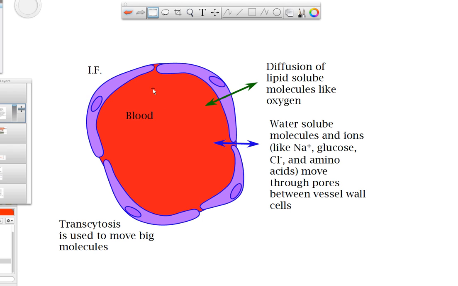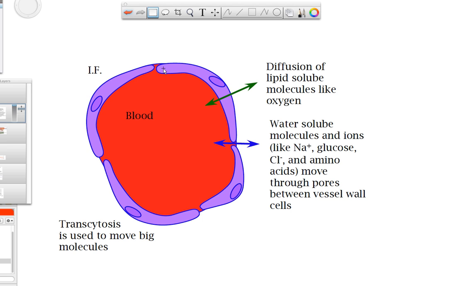This is why capillaries are as small as they can be. Capillaries are the size that allows single blood cells to travel through them. Capillaries have walls that are as thin as can be.